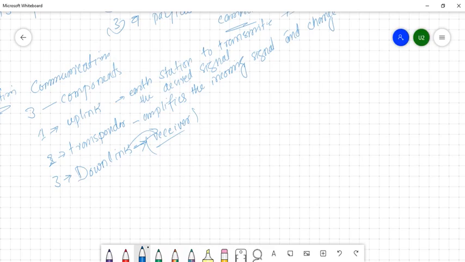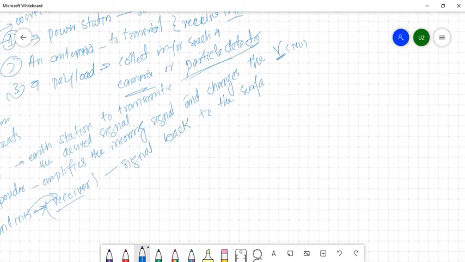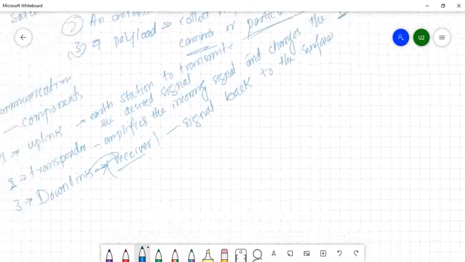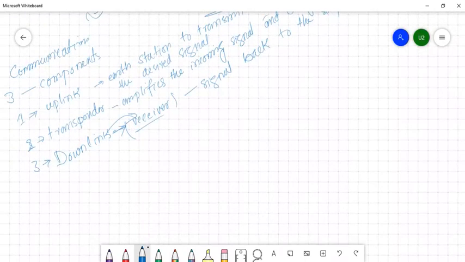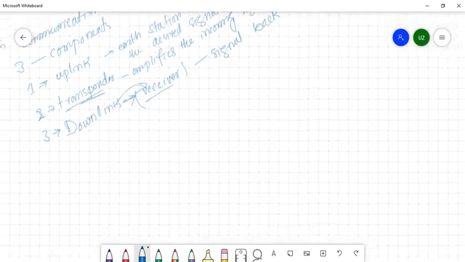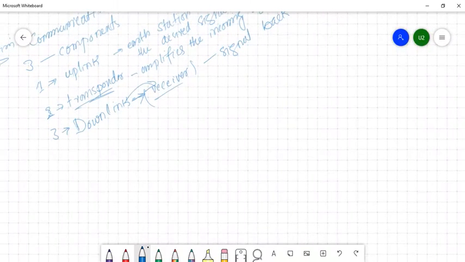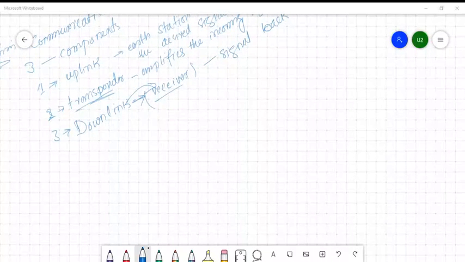It acts as a receiver, and it is used to send the signal back to the earth surface, to receive information after it is processed by the transponder. Okay.